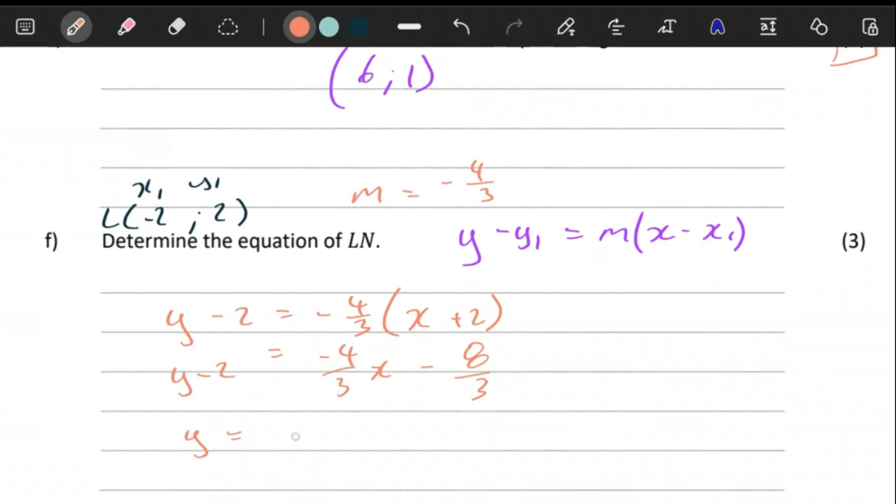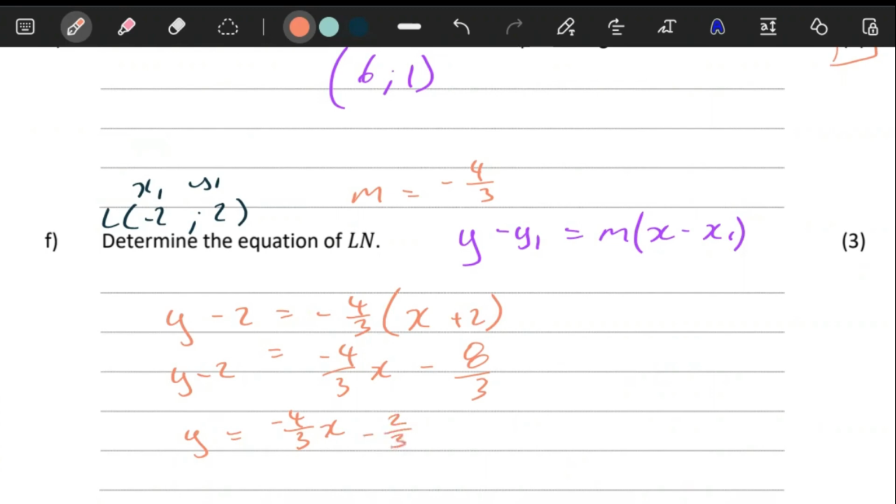The 2 goes over to the other side. You have -8/3 plus 2. That's like -2/3. There you go.